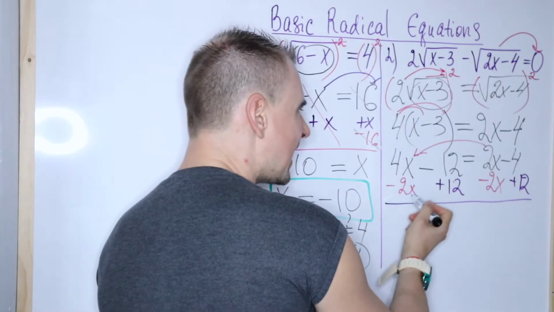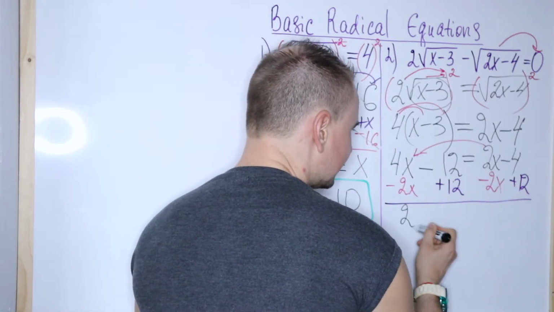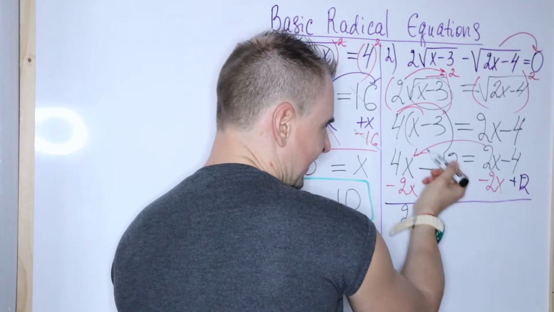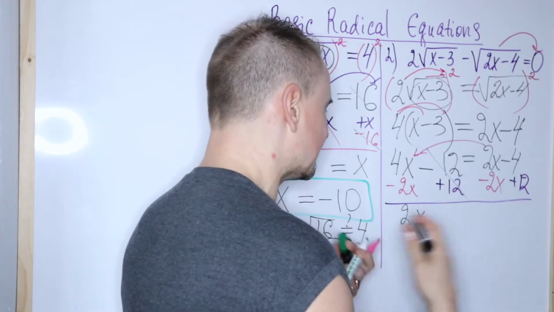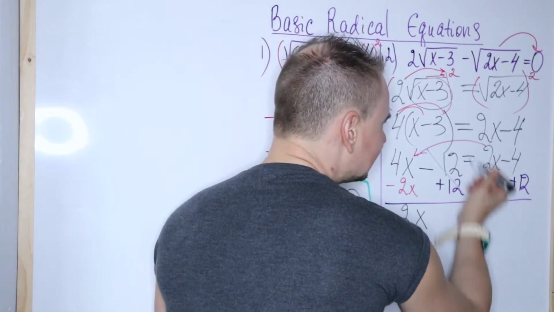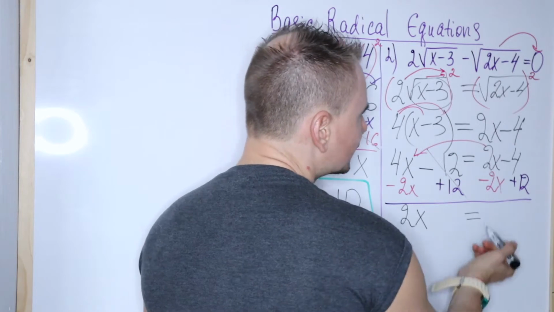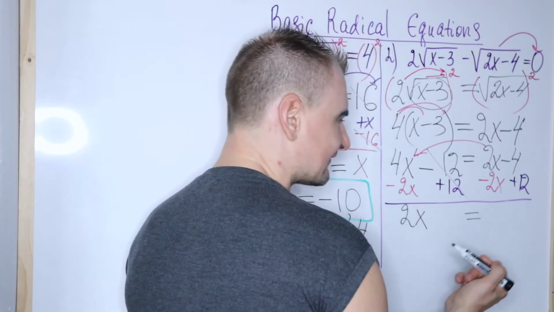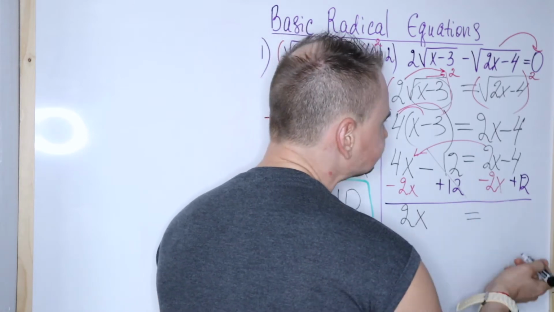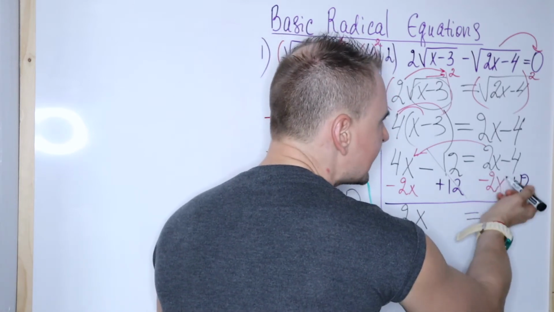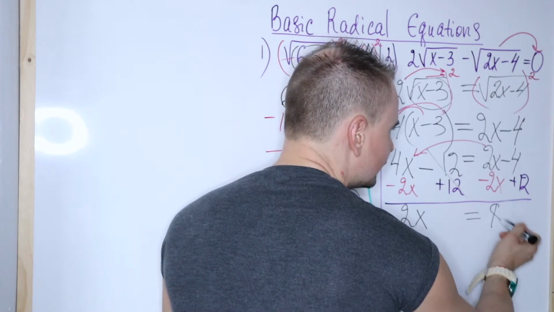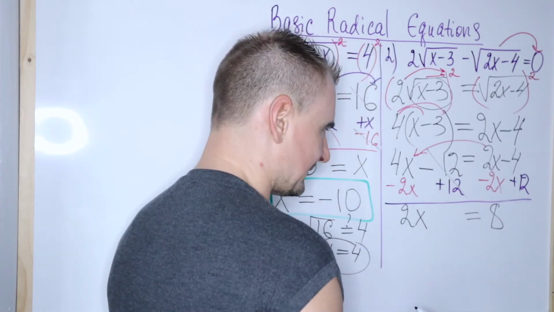Now 4x minus 2x, you would be left with 2x. 12 and negative 12, they cancel each other out, goes away, drops down. Bring down this equality sign. 2x and negative 2x, they cancel each other out, they undo each other, so bye-bye. And minus 4 plus 12, that would leave you just 8.